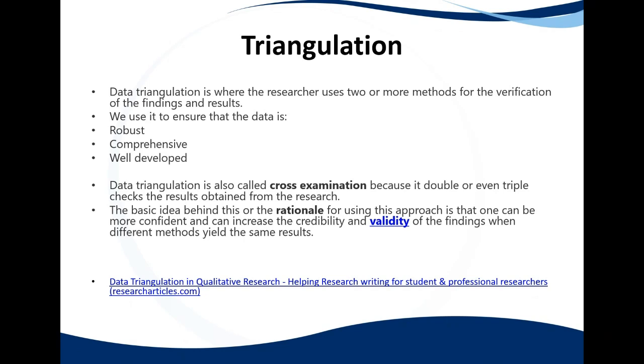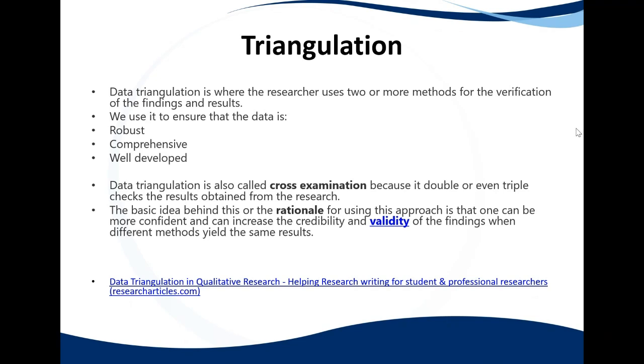Data triangulation. When we speak about the credibility of the data, the validity of the data, one of the ways in which to do this is also through data triangulation. And this is where you, as the researcher, use two or more methods to gather your data or for the verification of your data, right?